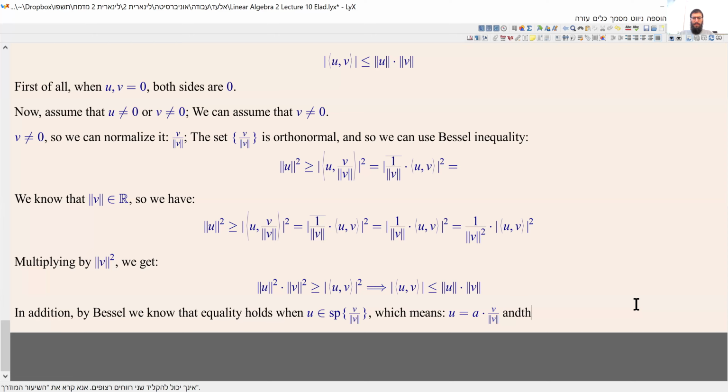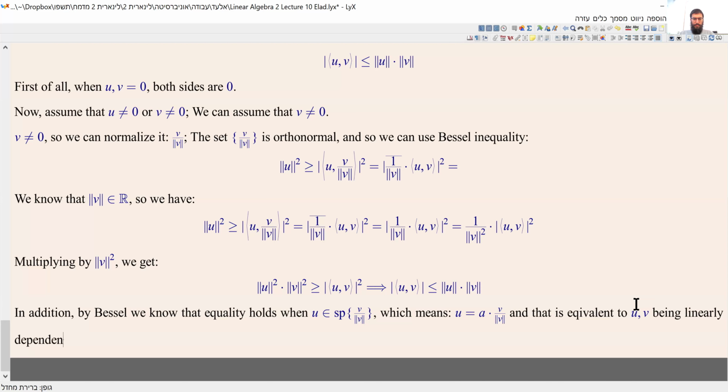That is equivalent to U and V being linearly dependent, because one is a multiplication by some scalar of the other. So Cauchy-Schwarz holds as well.